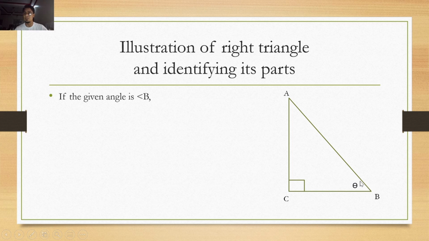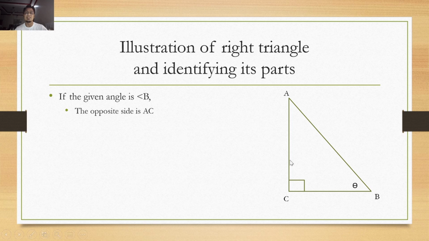So if you notice, dito sa angle B natin, I have here now the symbol or the letter theta, which means this will become our reference angle. Dito na tayo magbabatay. If this is the given, the opposite side is AC. AC, eto. So, ito yung ating angle. Katapat niya, palagi, yun yung opposite angle po natin.